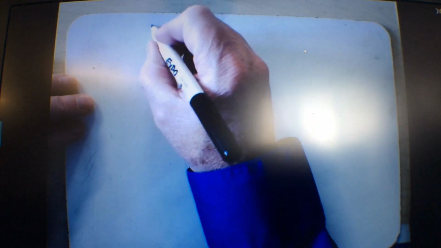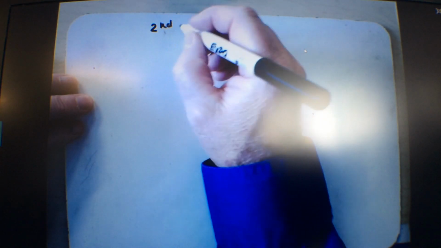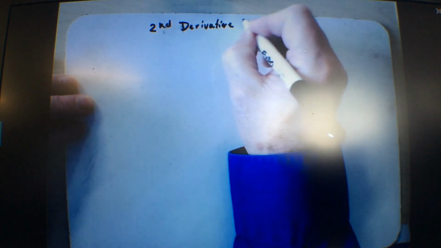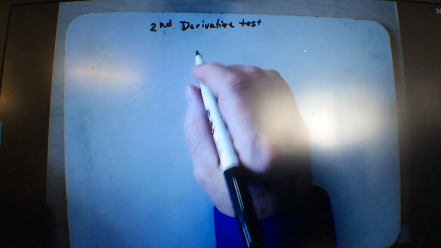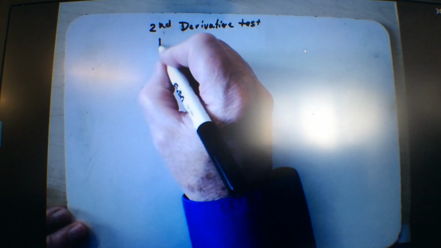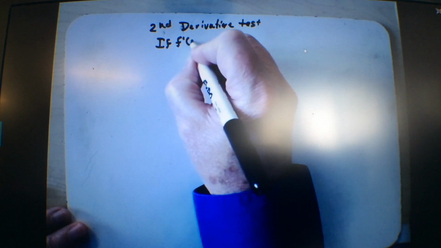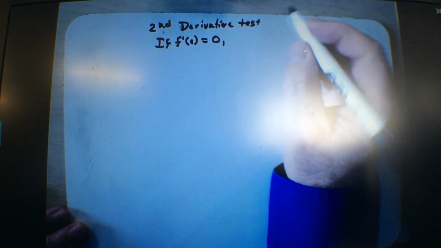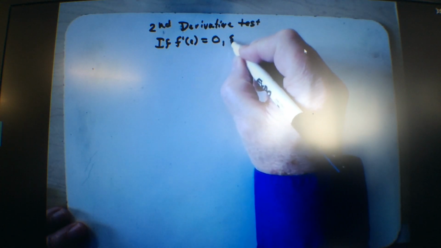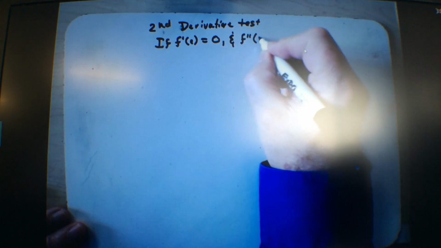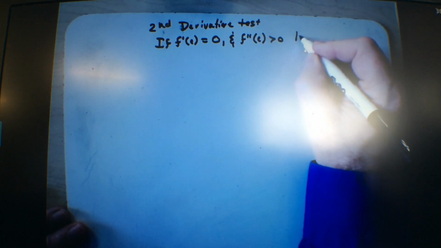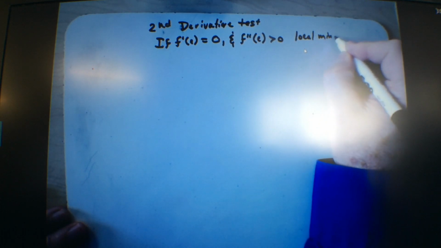Okay, so let's take a look at the second derivative test. Now, remember the first derivative test? I kept that because I'm going to go back to it, and we're going to talk about the first and the second derivative tests as we go through an example. The second derivative test says if the derivative at c, now remember c is a critical point, equals 0, and the double derivative at c is greater than 0, then we have a local minimum at c.